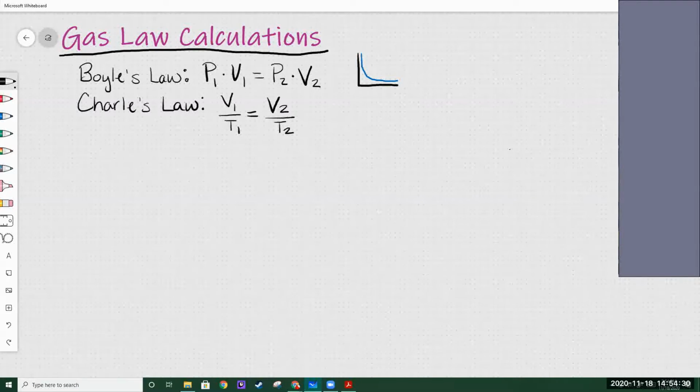And if we were to look at the graph of this one, we would see this because they're directly proportional. So when one goes up, the other goes up. When one goes down, the other one goes down.